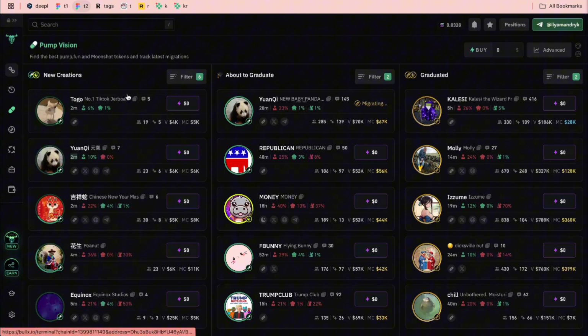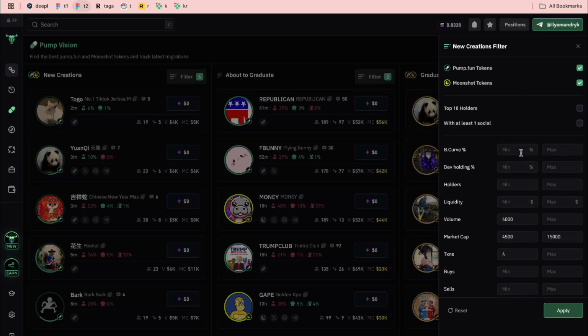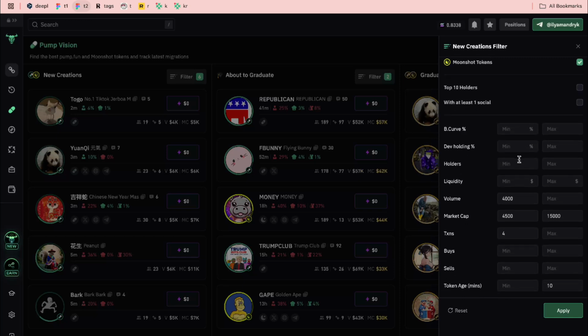I always use so-called filters. So if I'm going to click on filter here, we can manage what we will see inside of these boxes. So I'm going to see Pump Fun tokens and also Moonshot tokens. And I also add these filters here. For volume, I add a minimum of 4,000 and market cap between 4.5 and 15,000.